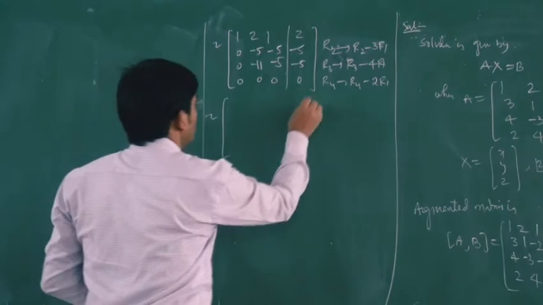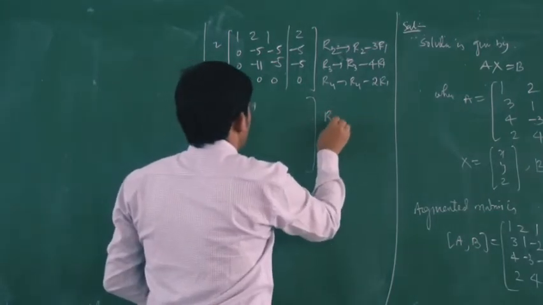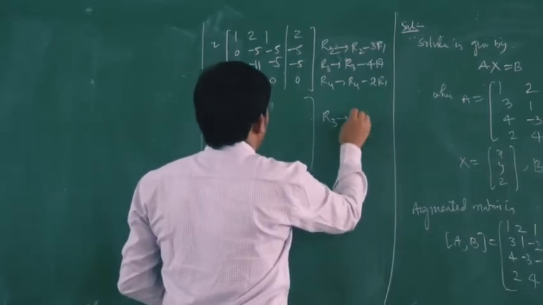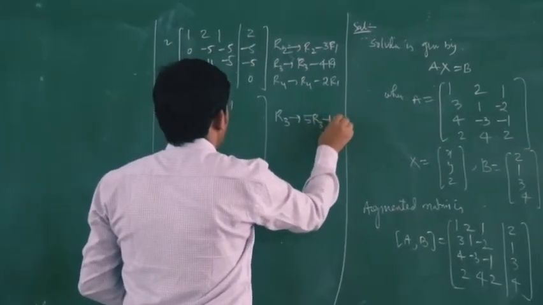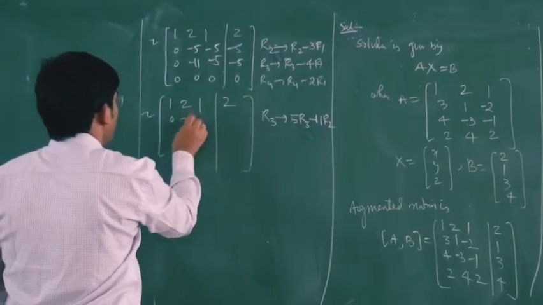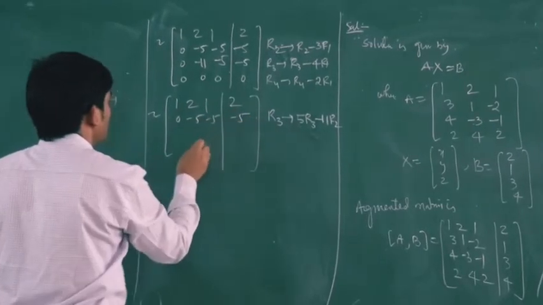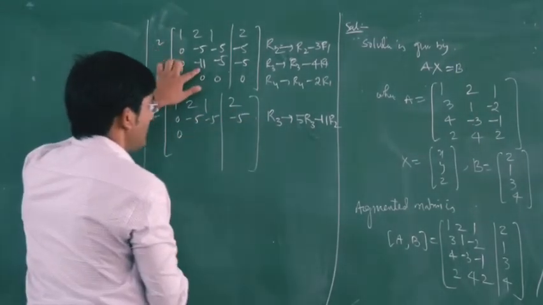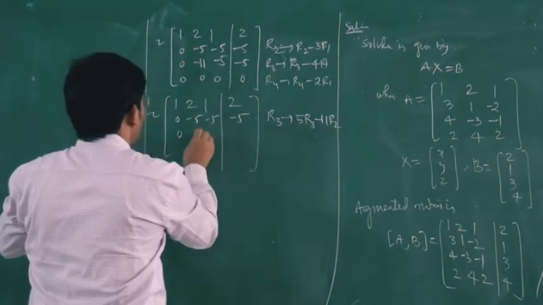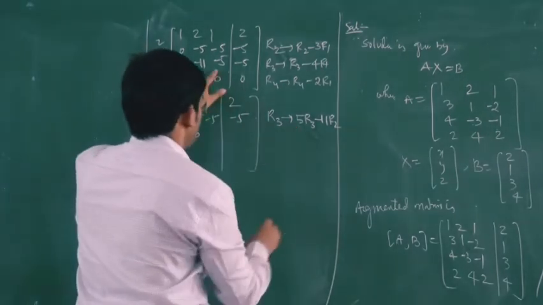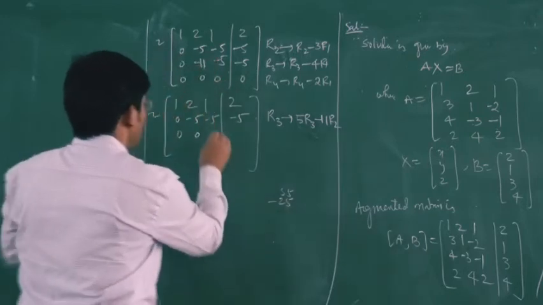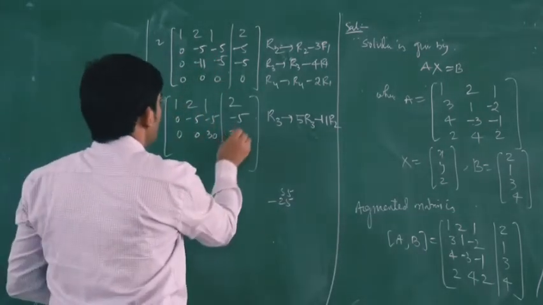Now let us apply the operation 5R3 - 11R2. So we have 1, 2, 1, 2, then 0, -5, -5, -5. Then 5 times R3 minus 11 times R2 gives 0; 5 times R3 is -25, then plus 55, so this is 30, and again this is 30.